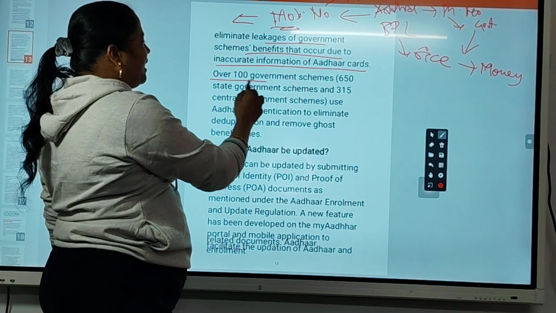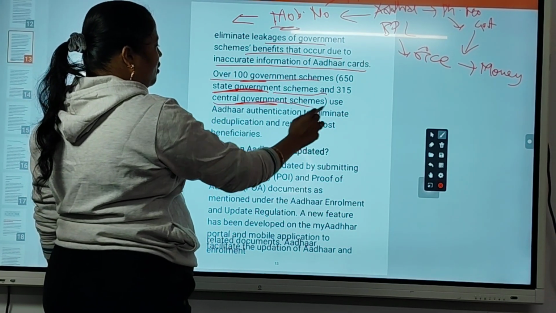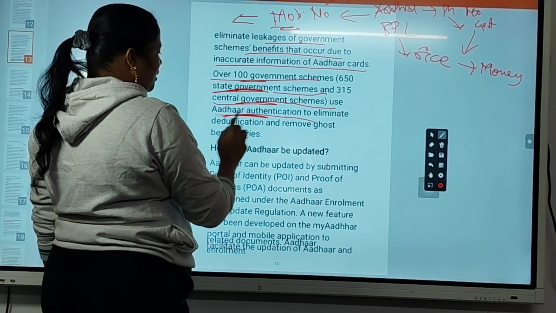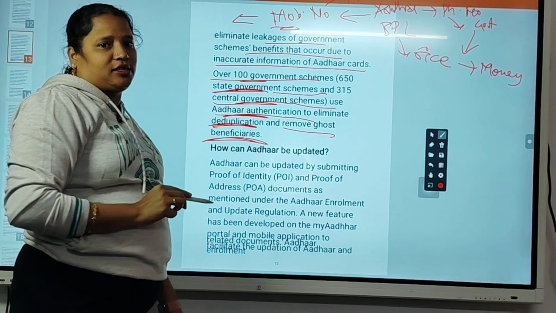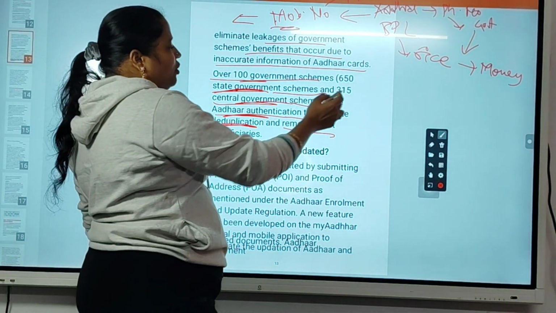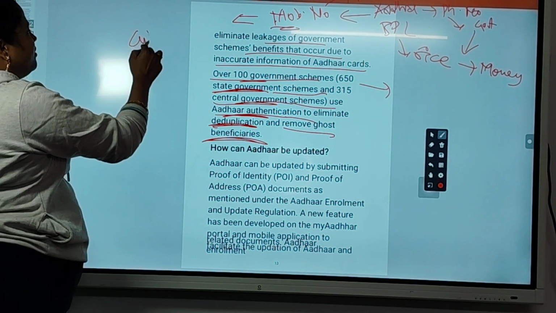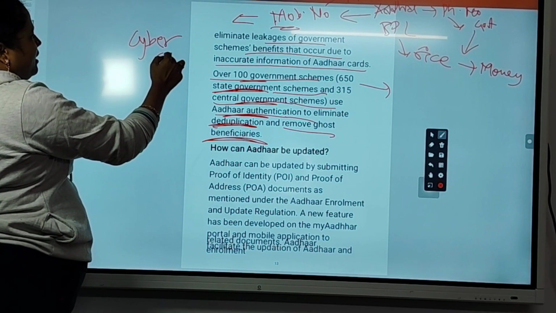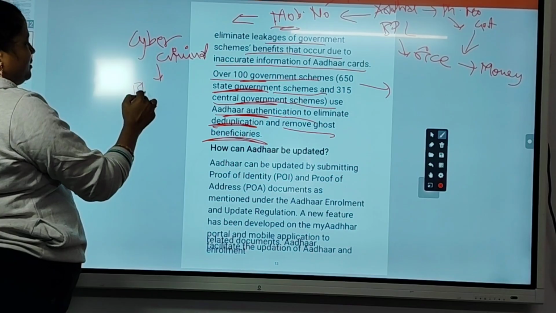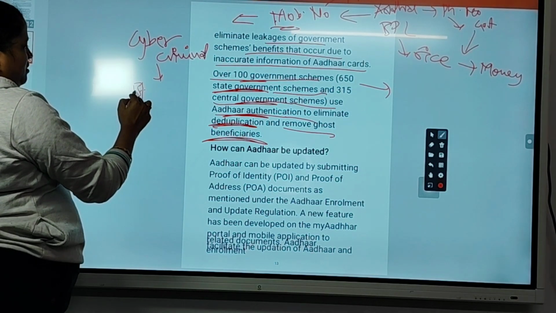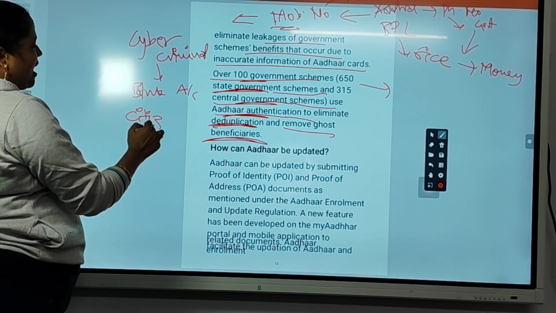So, over 100 government schemes, 650 state government schemes and 315 central government schemes use Aadhaar authentication to eliminate duplication and remove ghost beneficiaries. You might have heard of one thing: some cyber criminals use the bank accounts of senior citizens who have already died.